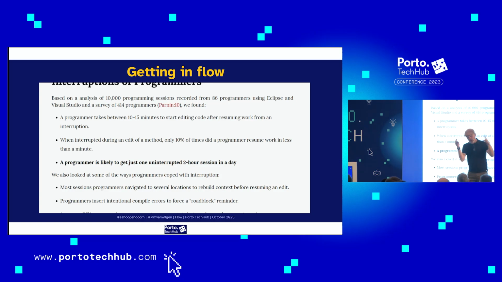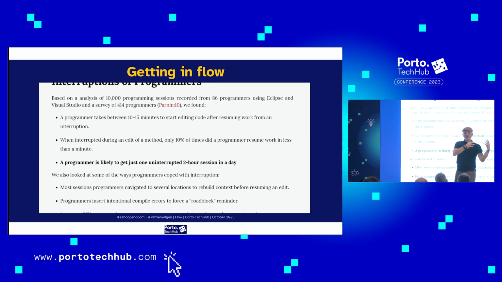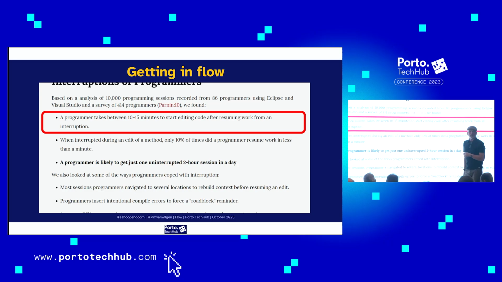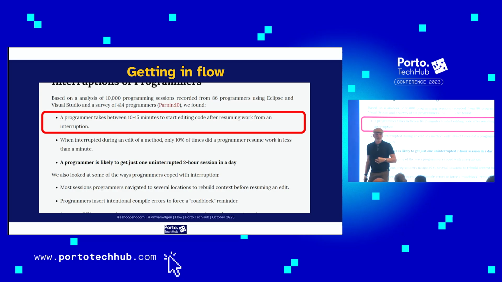It takes time for your mind to zone out and zone into the dilemma that you're solving. And it takes about, well, sort of like 10 to 15 minutes. That's the time it takes for you to get into the zone and really, really contribute, right? I'm not going to say produce, that sounds really terrible, but contribute.